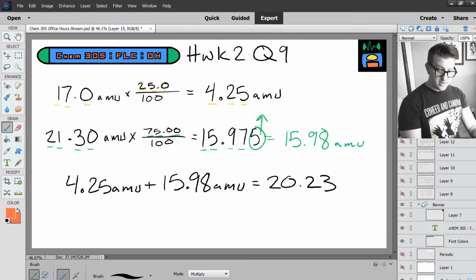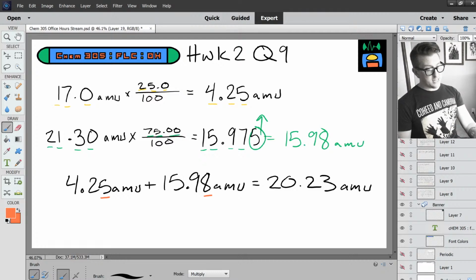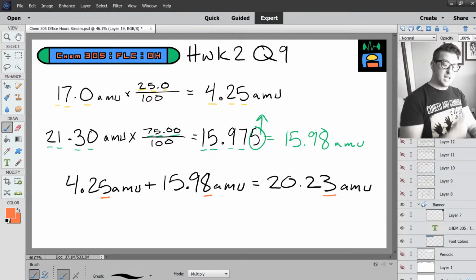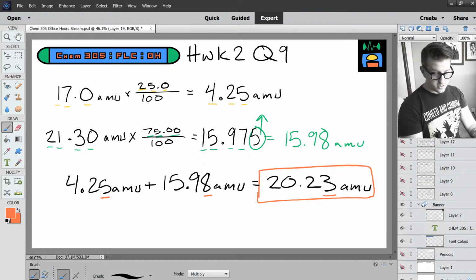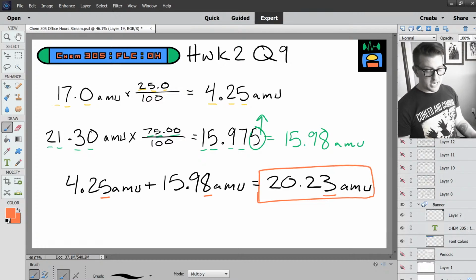We just added, right? So we have to look at the last significant figure in each number. For both of these, the last sig fig is in the second decimal place. So our answer must have its last significant digit in the second decimal place, and it does. So there's no reason to round. 20.23 AMU is the correct value with the correct sig figs and the correct units.